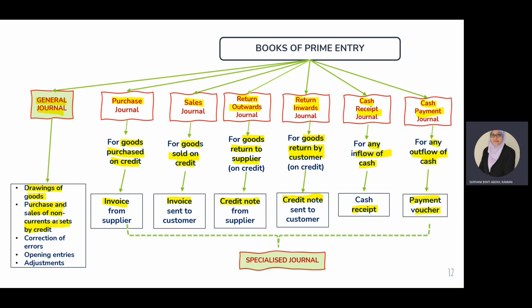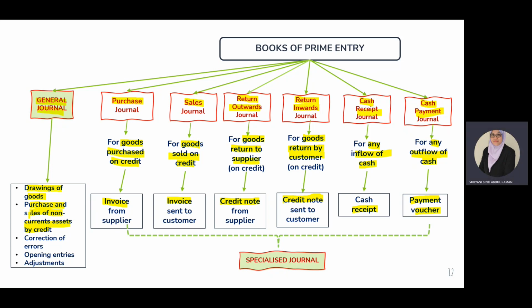A non-current asset is an asset that you bought for the operation of the business. So there are 2 different items here. Therefore, a non-current asset is not suitable to be defined as goods, as it is bought not for resale, but for business operation. And since it is not bought by cash, you cannot record it in the cash payment journal.